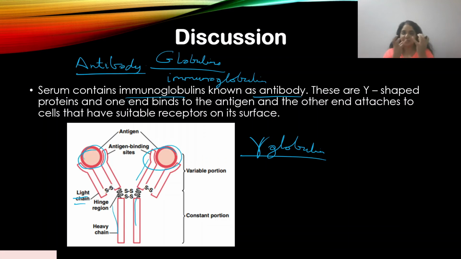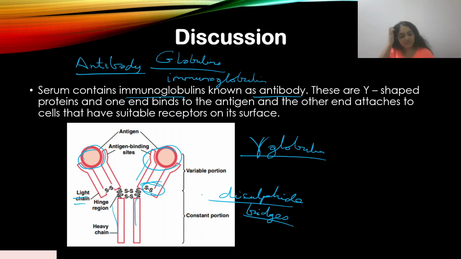The antigens get trapped there. They are designed in such a way that they can capture these antigens. The heavy and light chains are connected by disulfide bridges.